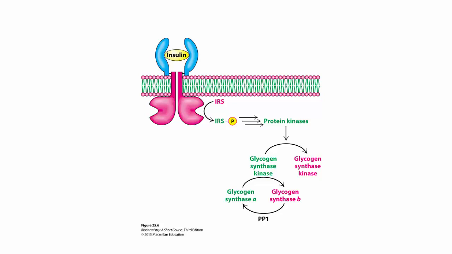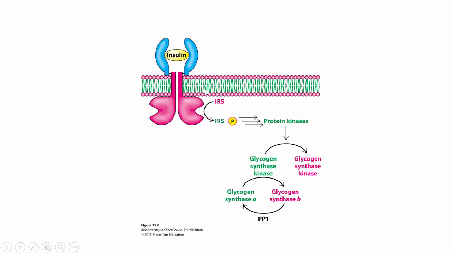So if you recall, insulin is going to allow the transporters to go to the membrane of the cell to let glucose in, and then when we have an abundance of glucose, it makes sense that we want to be able to store it as glycogen. So this pathway is going to explain how insulin influences the formation of glycogen.